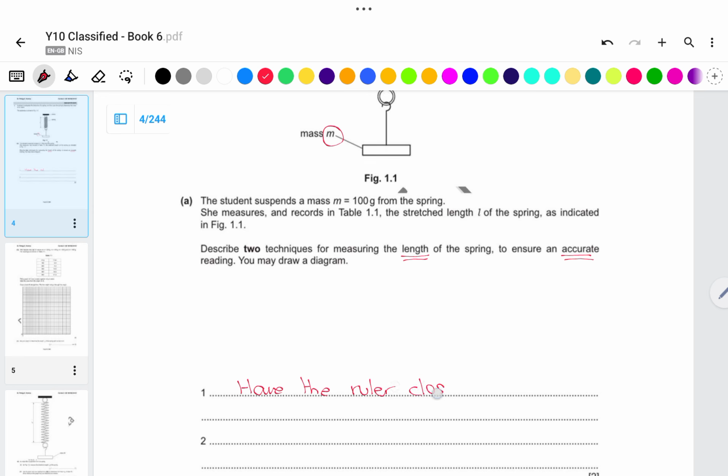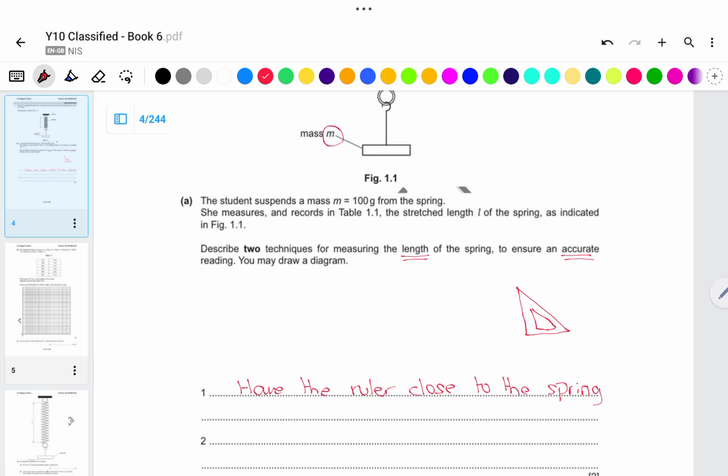The second way to have an accurate reading is to use something even better than the ruler, which is the set square. And what's a set square? It looks like a triangular ruler. I'm sure you've seen it with your math geometrical apparatus. It makes sure that your reading of your measurement is perfectly aligned. It's not tilted at a certain angle, it's exactly at 90 degrees.